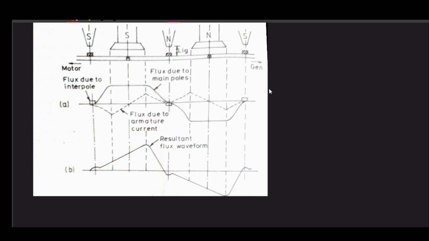So what you can see here is that we are not doing the brush shift, but due to this interpole, this is the flux due to the main pole. Unfortunately, here the armature flux they have not drawn. Let me draw it, or at least try to draw it.